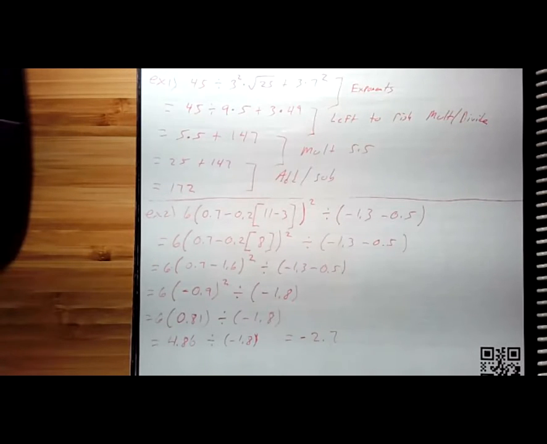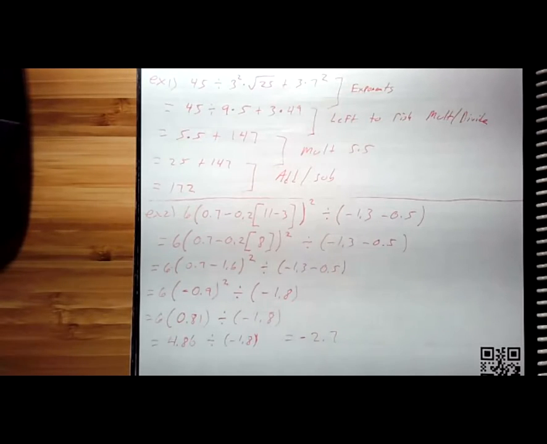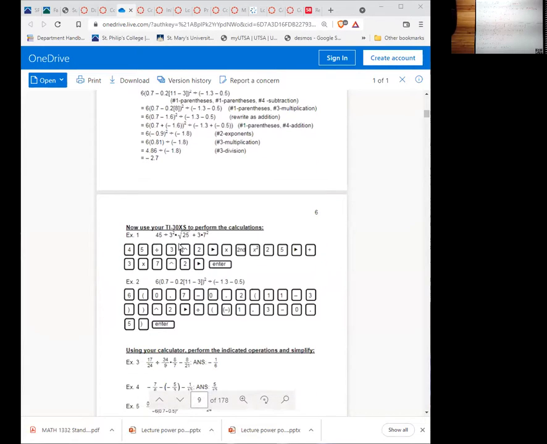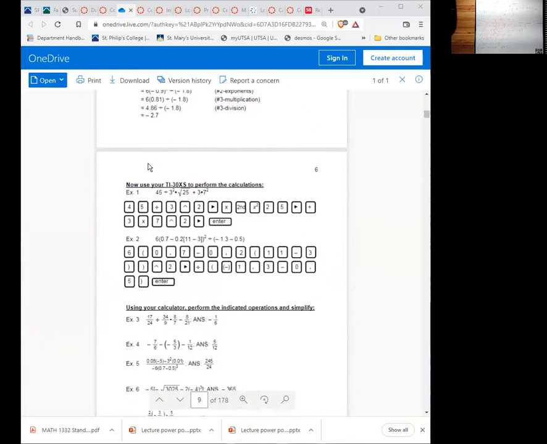What goes first, second, etc. Now, if you plug it into the calculator exactly how it's written here, it'll come right out as negative 2.7. Because the calculator has been programmed to know PEMDAS, so it knows the order automatically, as long as you type it in correctly.